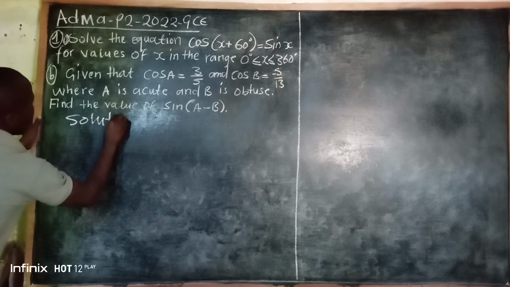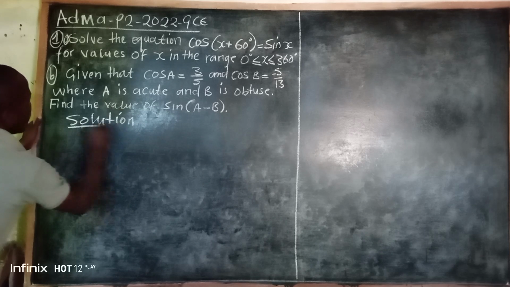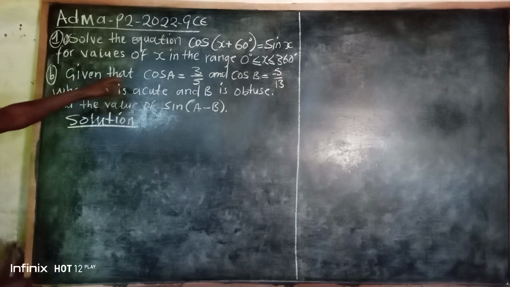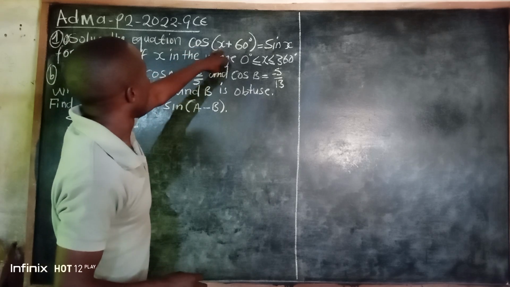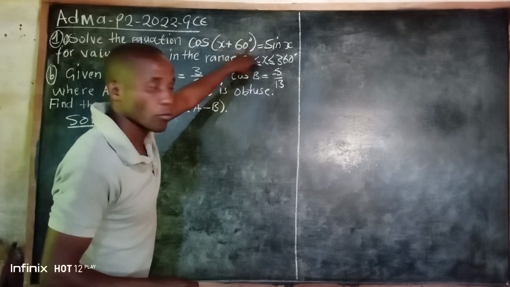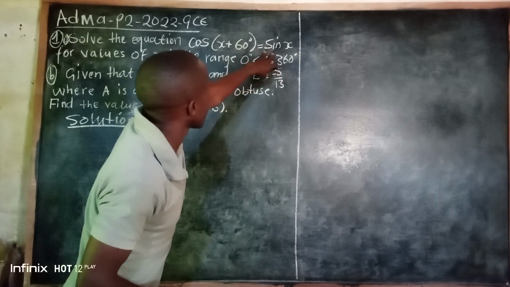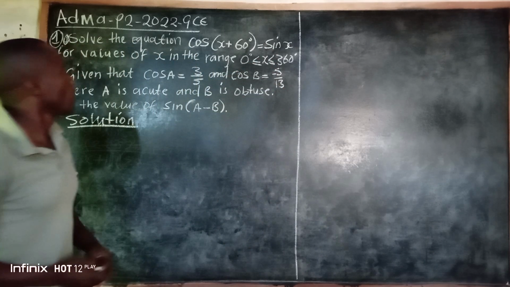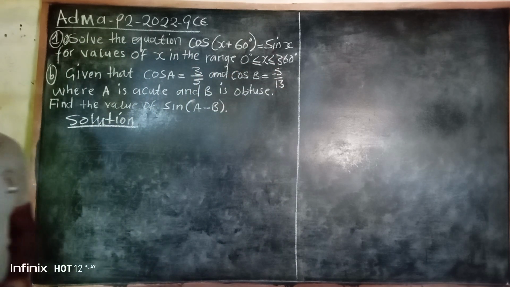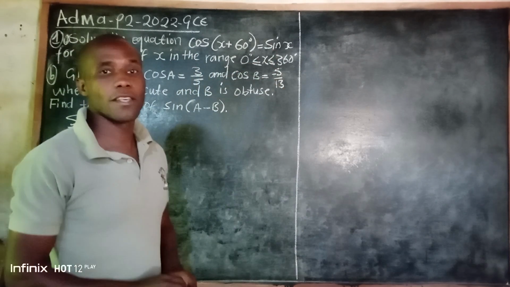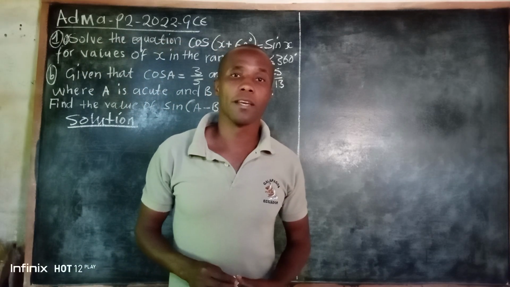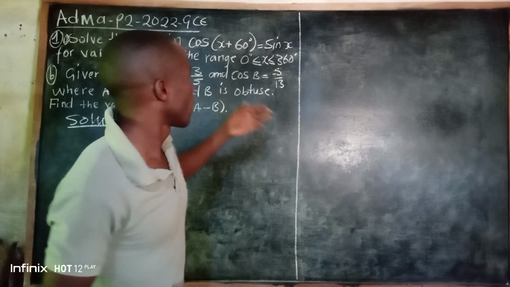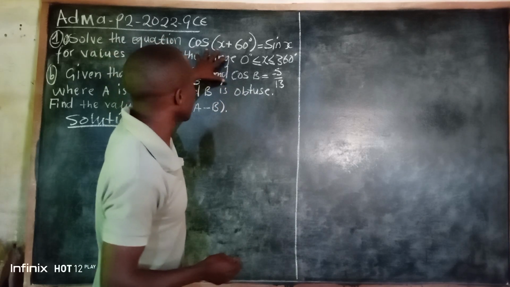Solution. Here we are saying cos(x + 60 degrees) equals sine x. As a learner, the first thing you must master is the identities.